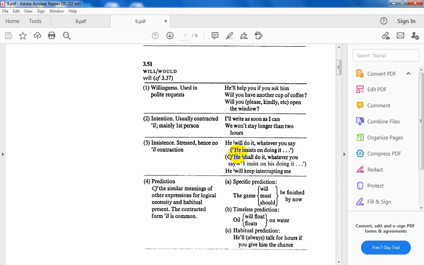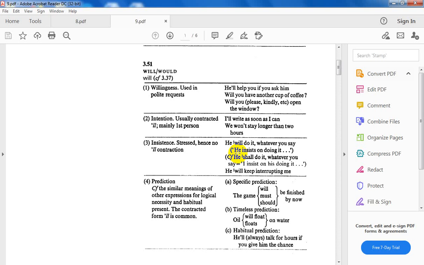But if you go back to insistence on the part of the speaker, it is restricted to the first, second and third person. Okay, we said he shall do it, whatever you say.